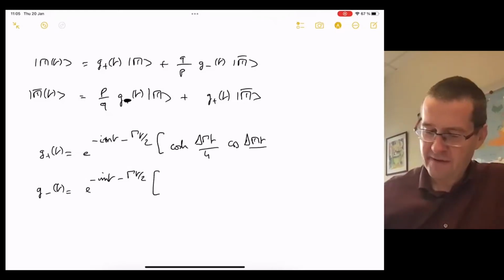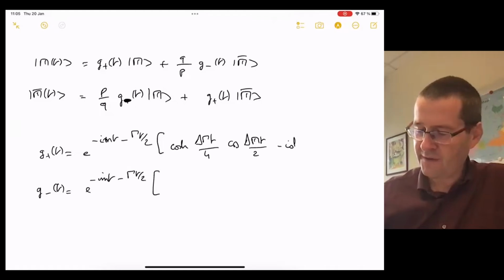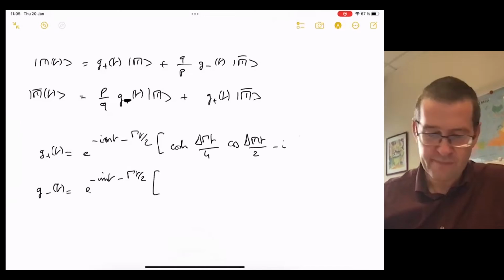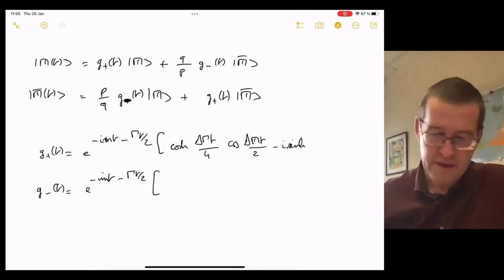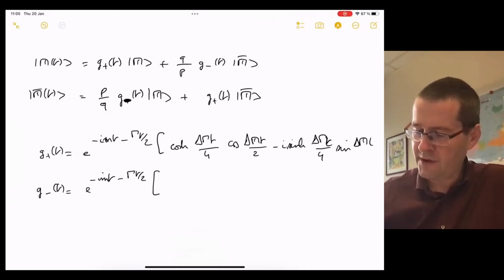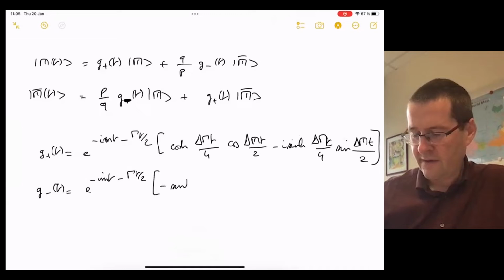So you have a structure which is not very simple, but not very complicated either, in terms of trigonometric functions involving the difference of masses and the difference of width.